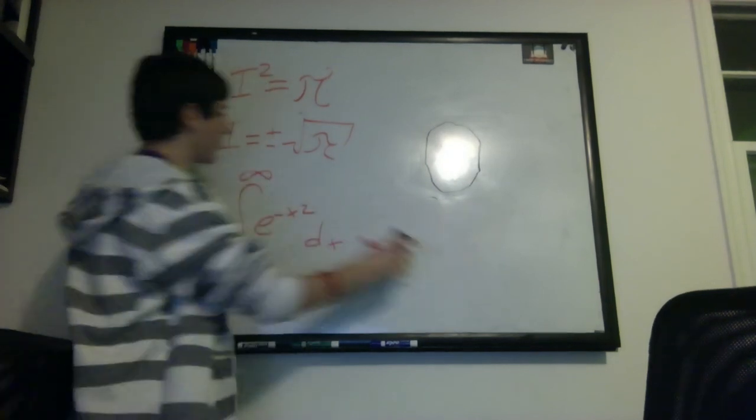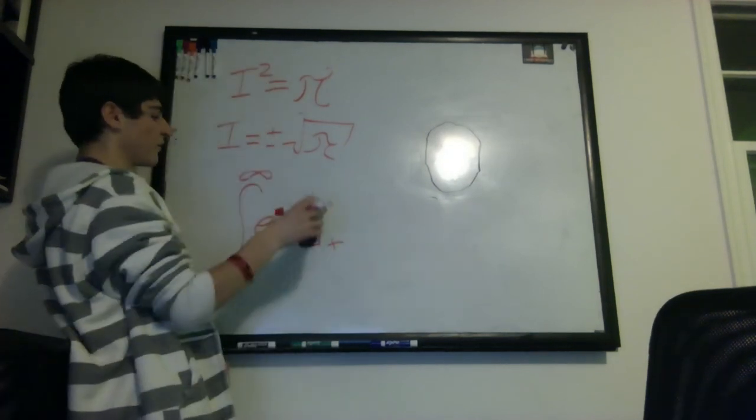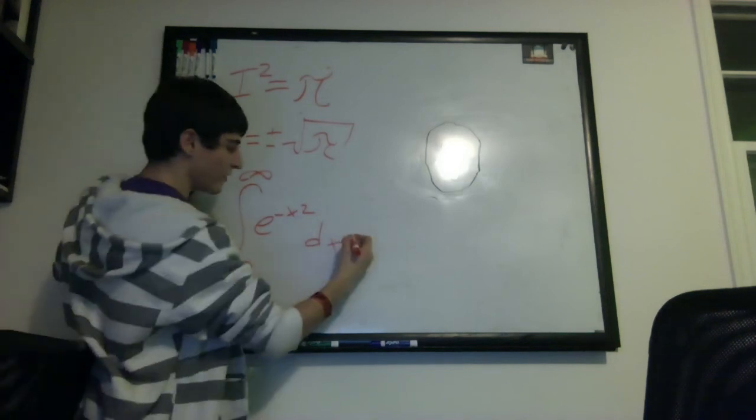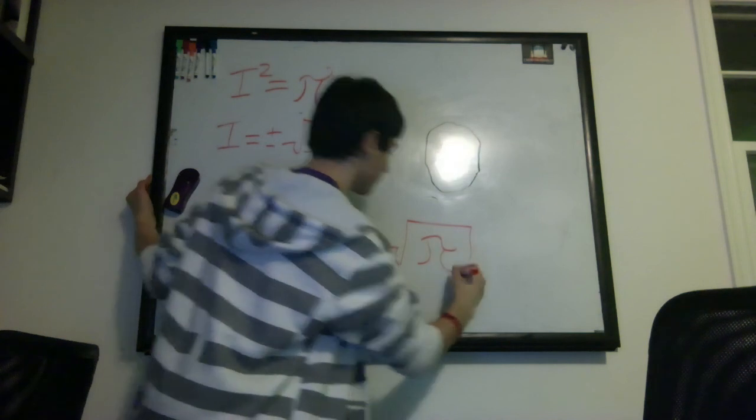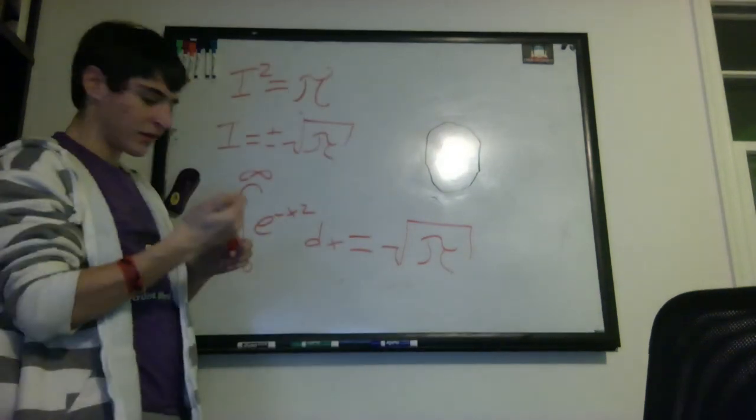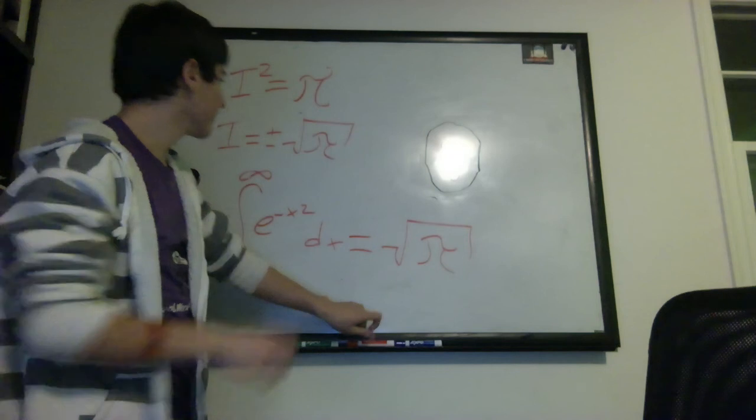So if you sum up a bunch of positive things, you're going to get positive. So this integral is equal to the square root of pi. Alright, so I think that was a pretty simple and elegant proof.